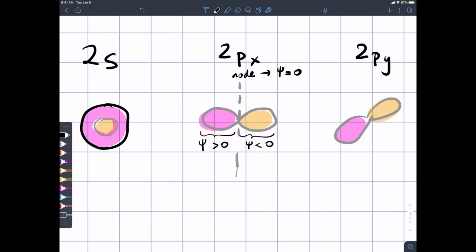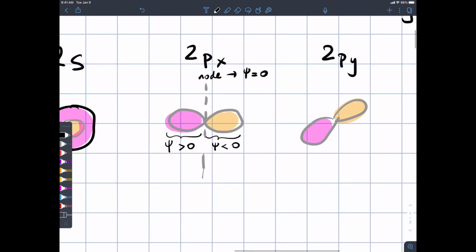All right? So if something goes to 0 on one side, it's got to be positive, and the other side, it's got to be negative if it's continuous, right? So I'm going to use color as we draw orbitals to indicate wave function sign. It's going to be useful to us. It's fine if it doesn't seem useful now. Any questions you want to ask about that?